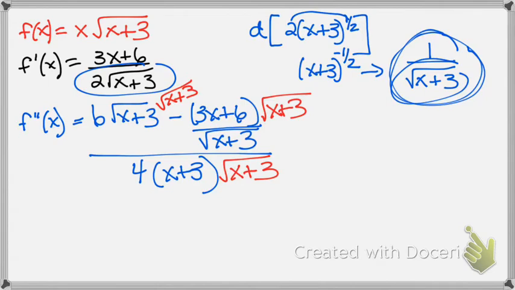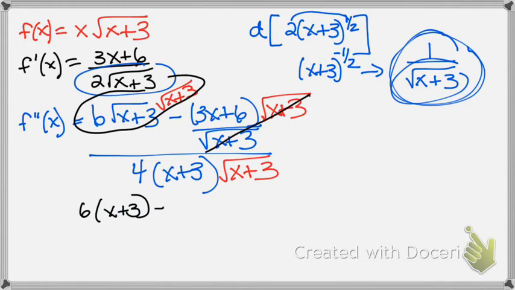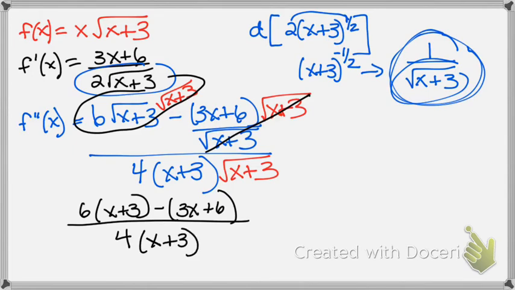So this first term is just going to be 6 times (x + 3). In the second term, the square roots cancel. And in the denominator, I have a 4 and an (x + 3), since they're both x + 3s, this is to the 1 power and this is to the 1/2 power. So we add those up and we get a 3/2 power.